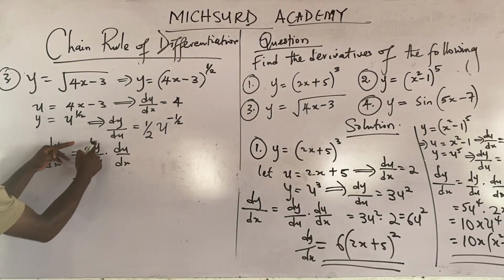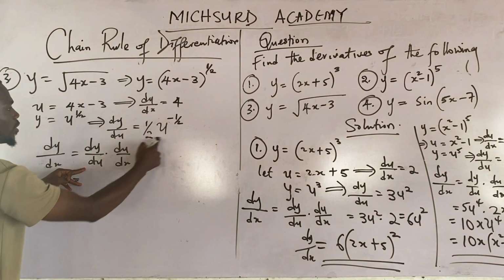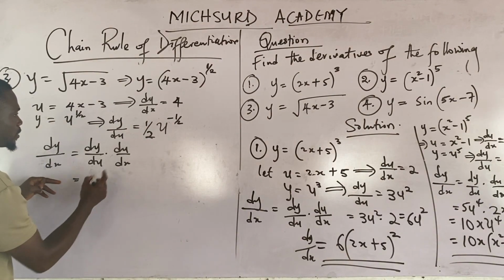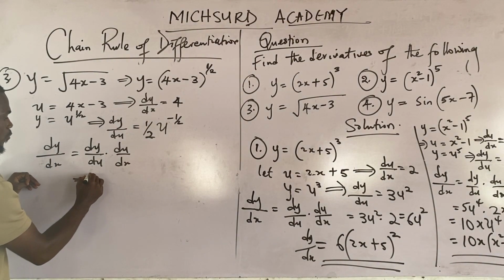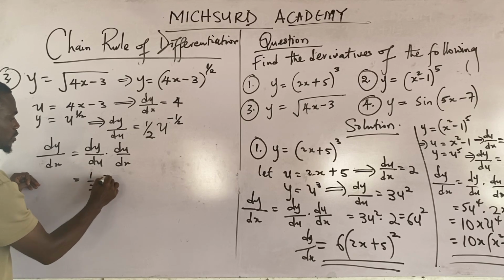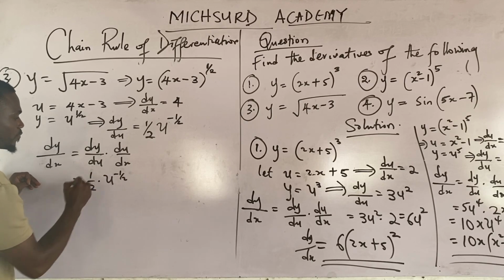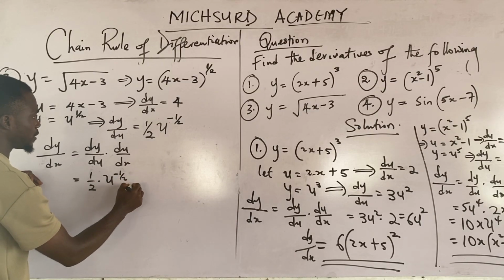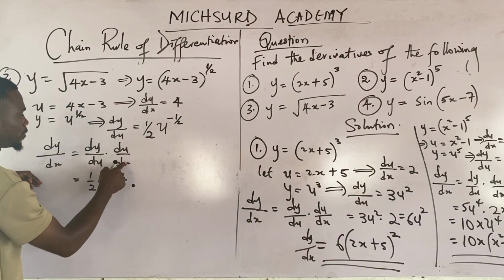So can you see that our dy/du is the whole of this, which is half of u, half of this. So this will be giving us 1 over 2 u raised to power half minus 1, which is minus 1 over 2. So then multiply it with du/dx.